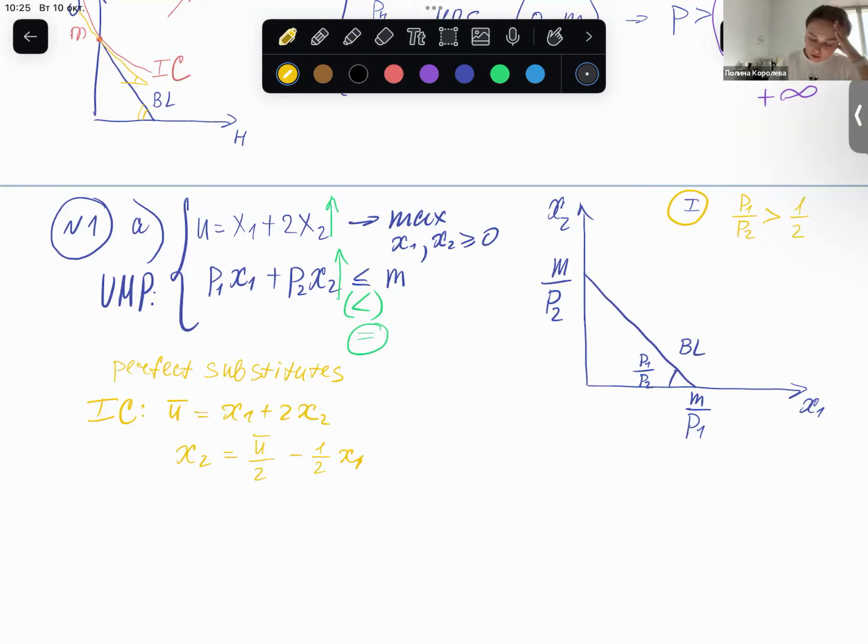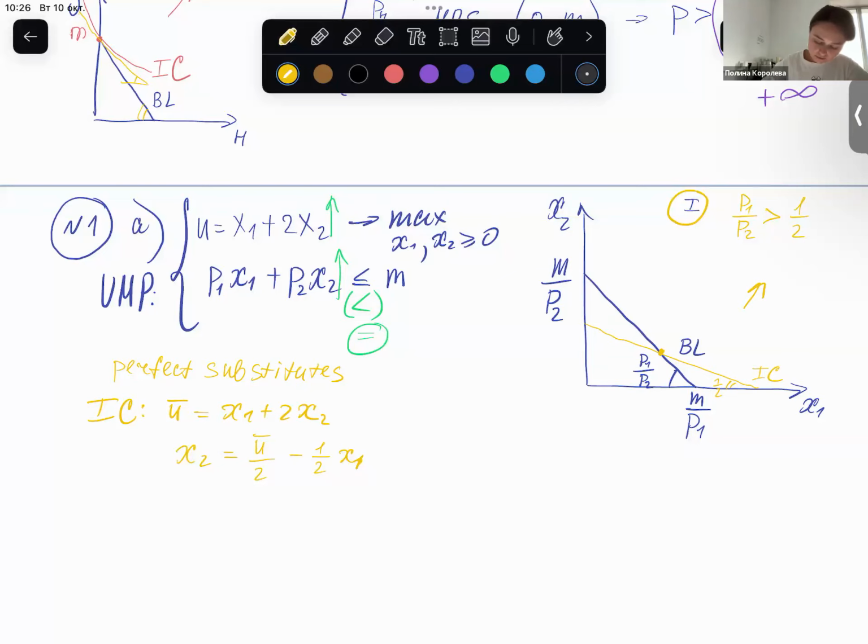So how will our indifference curves look? The indifference curve is flatter, something like this. Here, 1/2. This is the indifference curve. But as I draw, this point will not be the solution, because we can increase our level of satisfaction.